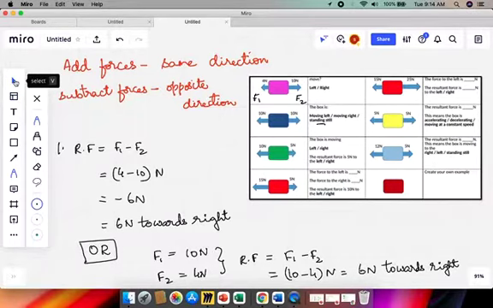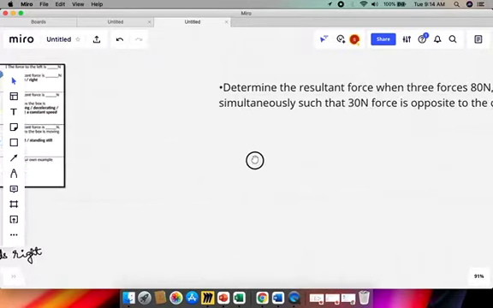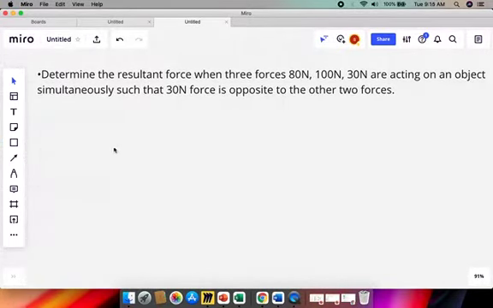Now moving on to a numerical here. Let us see how to solve this. In the question it is given that three forces, 80 Newton, 100 Newton and 30 Newton, are acting on an object, provided that 30 Newton is in the opposite direction. Here they have not mentioned the diagram, so we will interpret this question in the form of a diagram first.